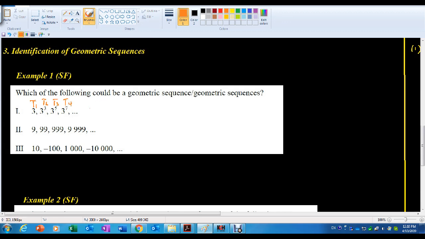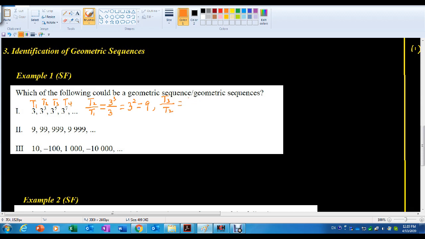If it's a geometric sequence, we should see a common ratio. Let's see if I divide T2 by T1. We all know that it should be 3 squared, right? It should be 9. Is that enough? No, because that just means the ratio between the second term and first term is 9. You still need to check the third term and the second term.